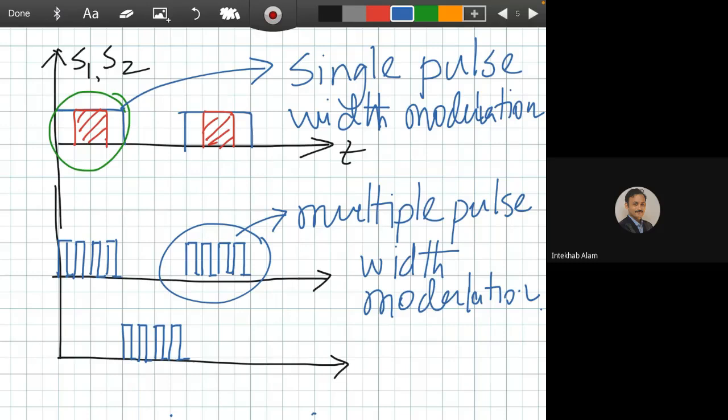So why do we do these things? Here we need to define another terminology.